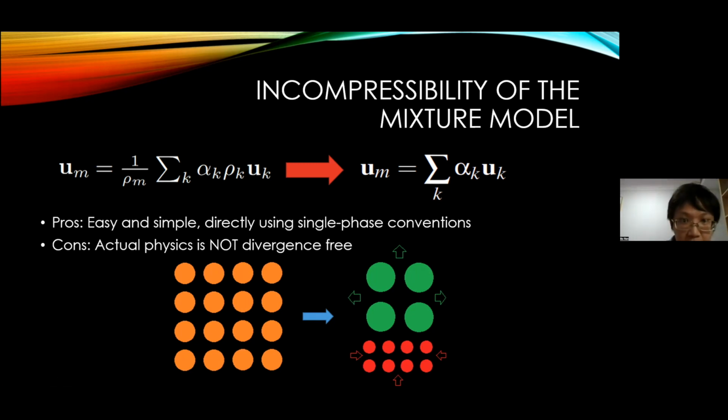Let me show this with a toy example. Suppose we have two phases, a green phase and a red phase. The green phase has a smaller density, and the red phase has a bigger density. All the fluid is still, and the particles do not move.